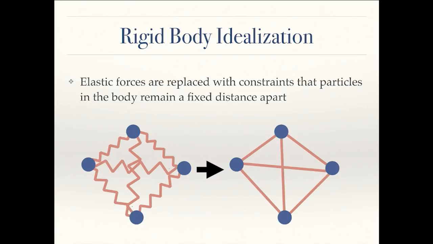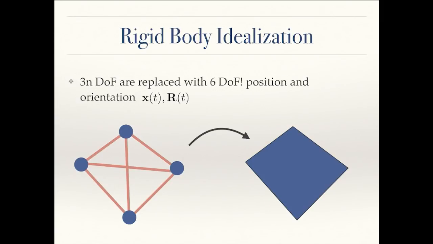And now, to simulate rigid bodies, we actually go a step further and we replace this model of a bunch of particles with 6 degrees of freedom. So let me explain that a bit. The number of degrees of freedom is the number of parameters that you need to describe the configuration of something. A particle in 3-dimensional space has 3 degrees of freedom because its position could be described with x, y, and z.